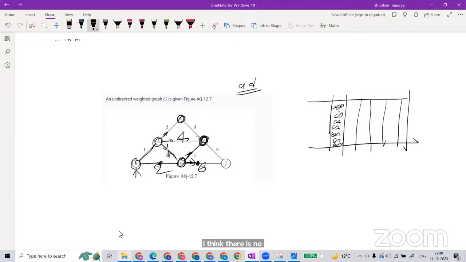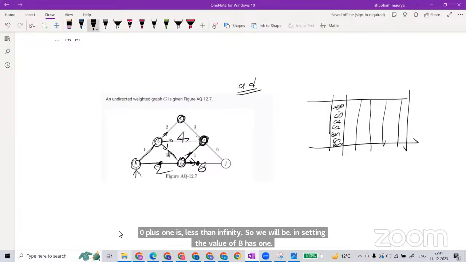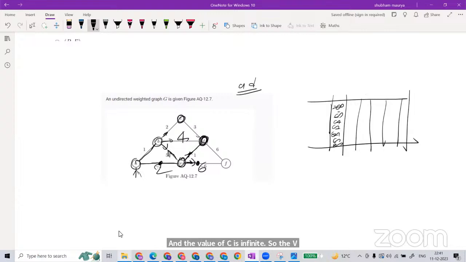So it will be 0. So 0 plus 1 is less than infinity. So we will insert the value of B as 1, and the value of C is infinite. So B plus 2 is 3, and 3 is less than infinity. We will insert the value of C as 3.